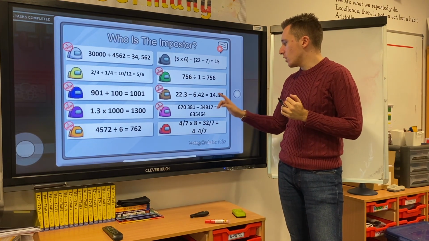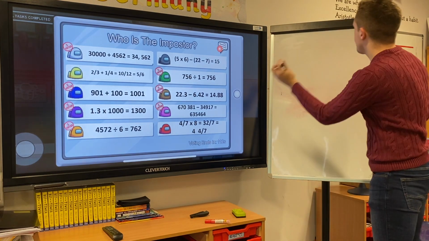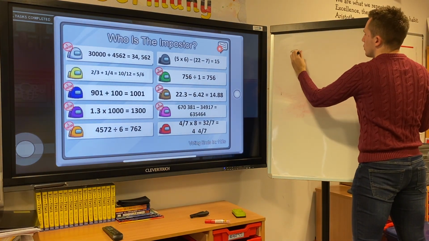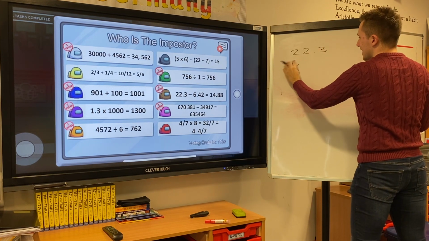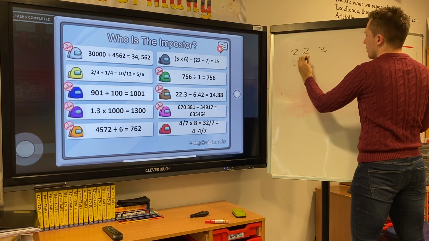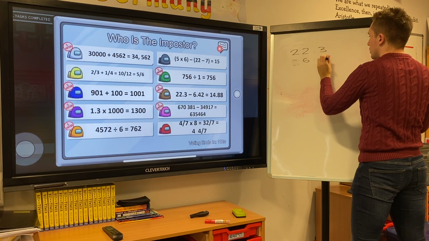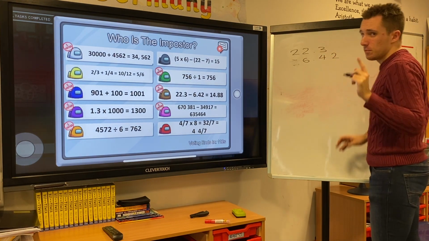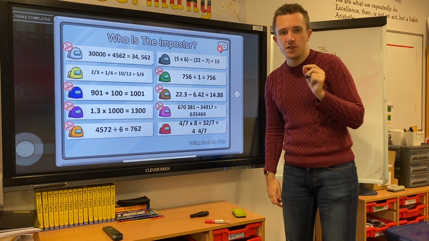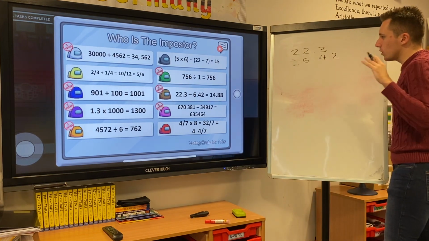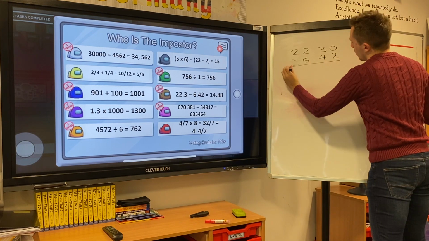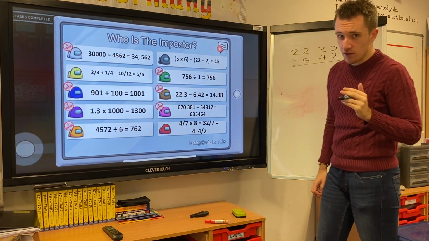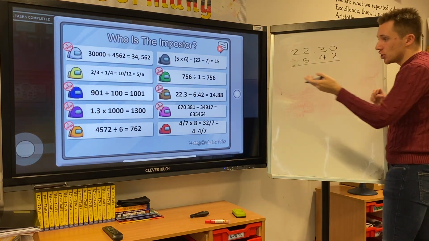22.3 take away 6.42. Most important part, you have to line up the digits. Then, as we've said lots of times before, invent a placeholder, so that you have the same amount of digits. Now we can do what it says.